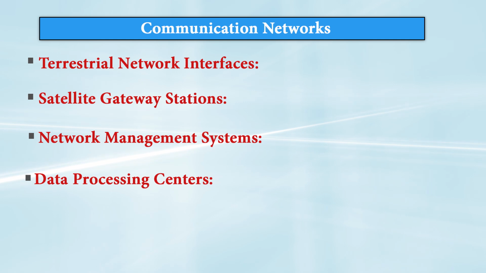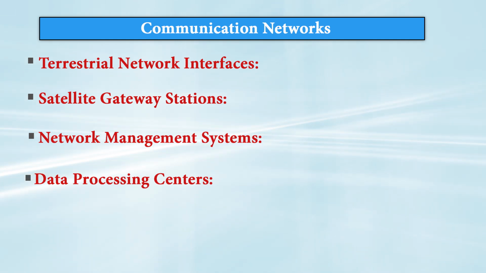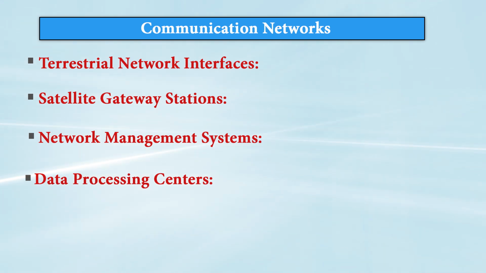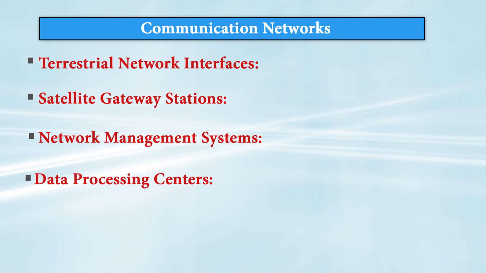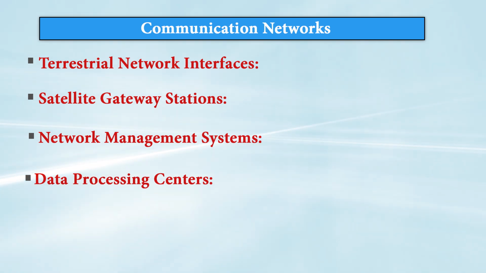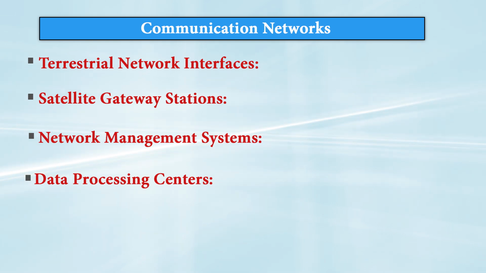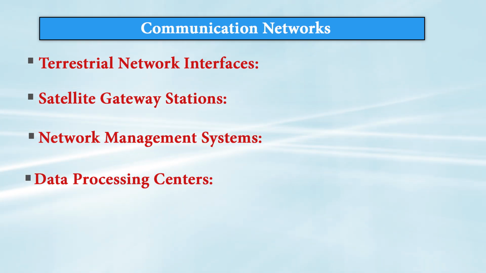Then we have another segment of the architecture, that is the communication network. In that we have the terrestrial network interface, then the satellite gateway station, then the network management system and data processing centers that facilitate, process and manage the data transmitted and received via satellite communication.